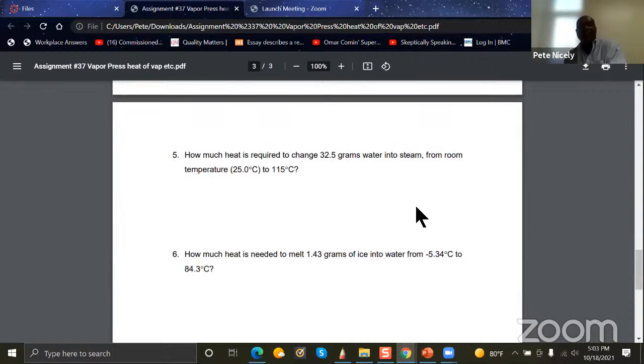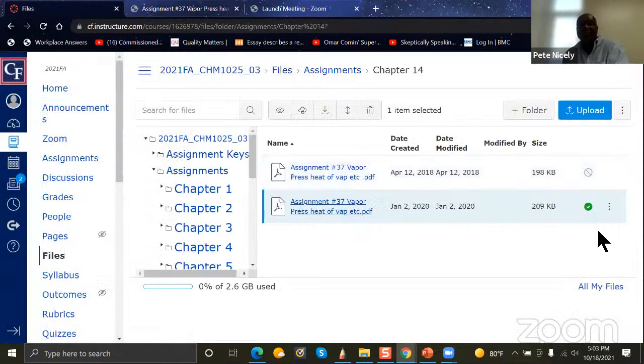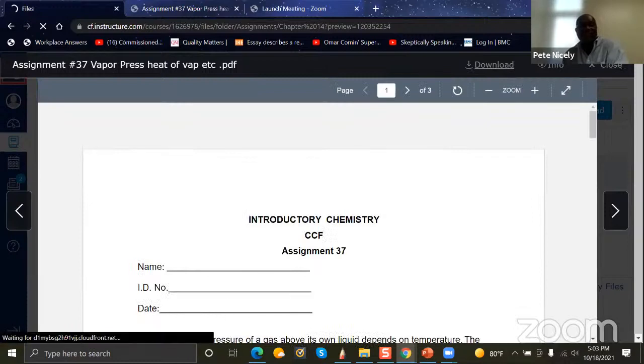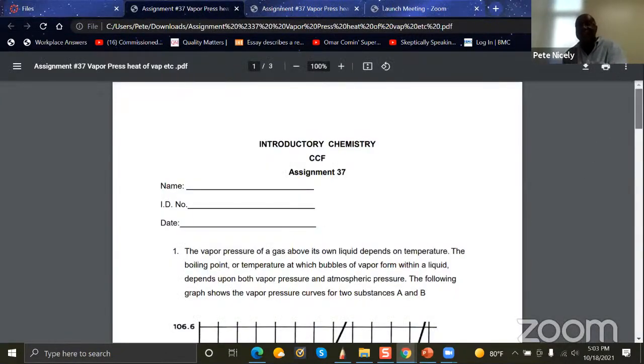Okay, I think, you know what? I think, let me check something out here because I think you won't be able to do number 5. So let me check this other assignment here because I remember there were some issues with this particular assignment when I gave it earlier. I think I may need to make some changes.